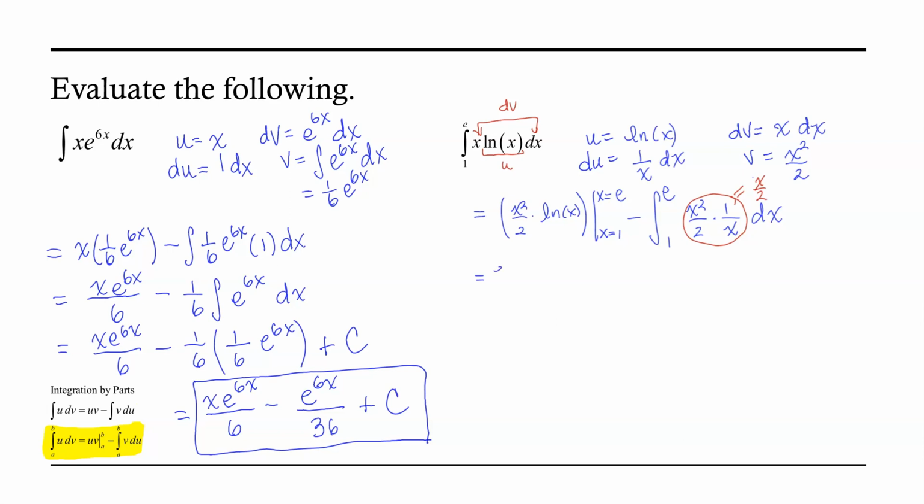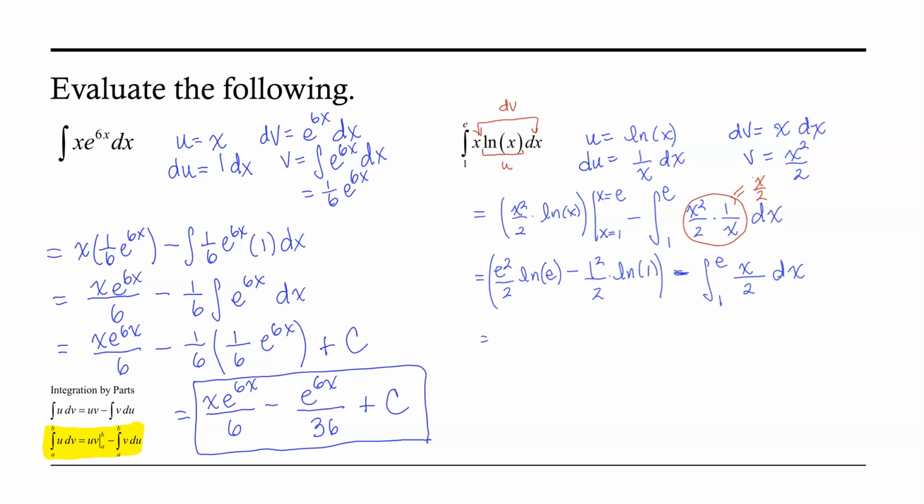So we're going to have e squared over 2 times the natural log of e minus 1 squared over 2 times the natural log of 1. We'll simplify that in a minute. Minus the integral from 1 to e of x over 2 dx.